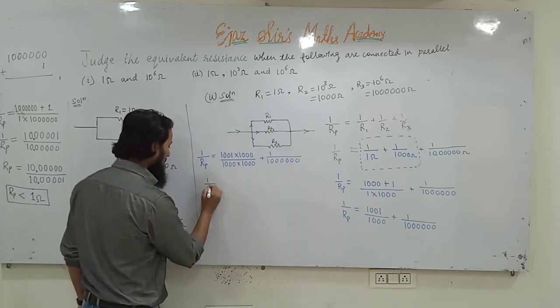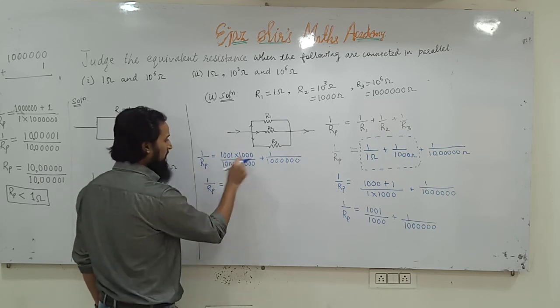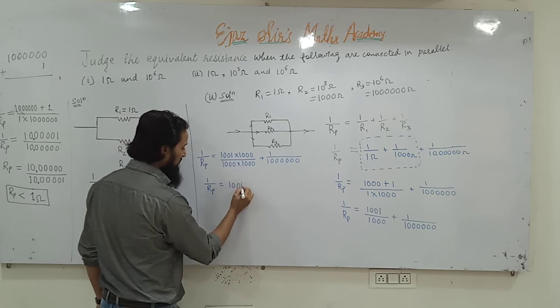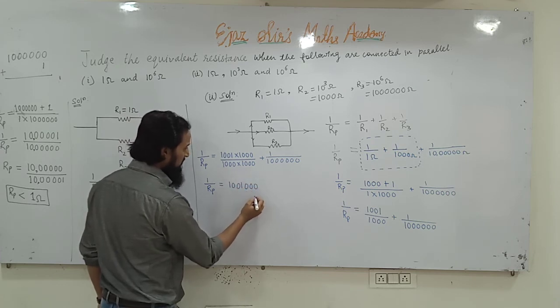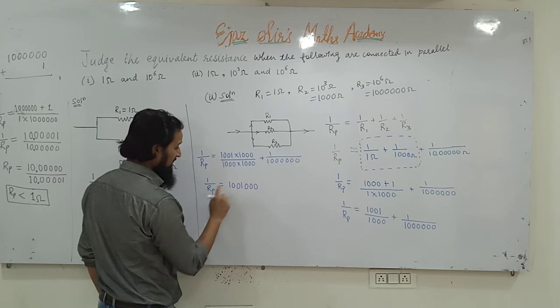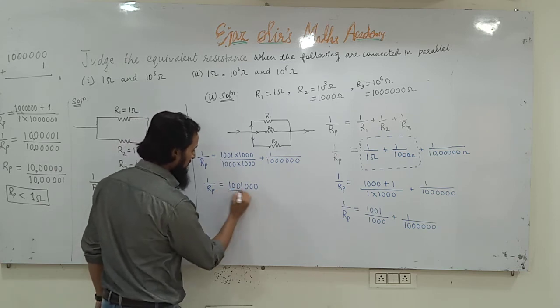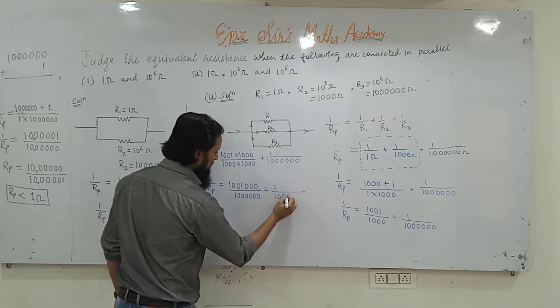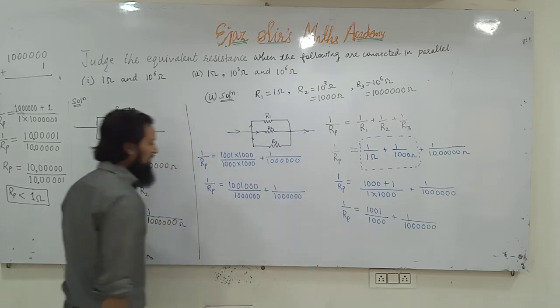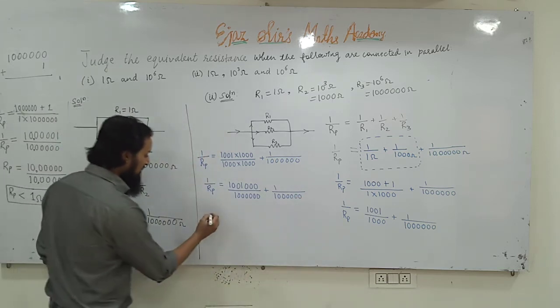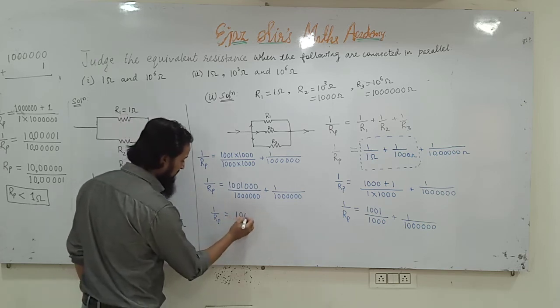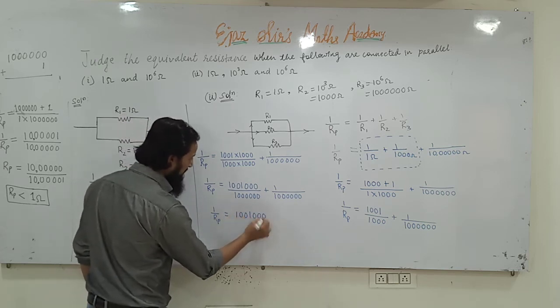So 1 upon Rp is equal to 1001 times 1000 over 10^6, plus 1 over 10^6. Now the base has become the same. So 1 upon Rp is equal to 1001 plus 1.